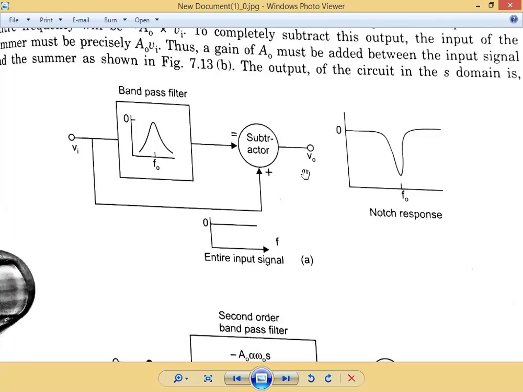To obtain this notch filter, we are using a band pass filter. On the screen, you can observe a band pass filter and a subtractor. A band pass filter and a subtractor will be forming a notch filter.